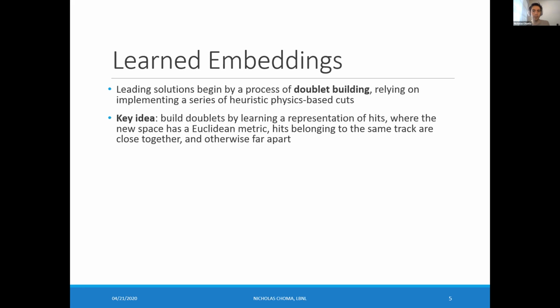One of the key ideas of this work is that instead of using a set of heuristics, where physics motivates whether two hits look like they belong together, why not just use machine learning to learn a representation of the hits and embed them into a new space? In particular we use a Euclidean space, with a Euclidean metric. Pairs of hits that belong to the same track should be close together, and hits that belong to different tracks should be far apart.